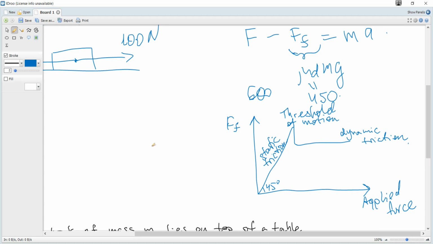And hence there are the next formulas in the data booklet: the frictional force is less or equal than mu static R, where R is the normal reaction. It's for static, and for dynamic it's just equal to mu dynamic R.